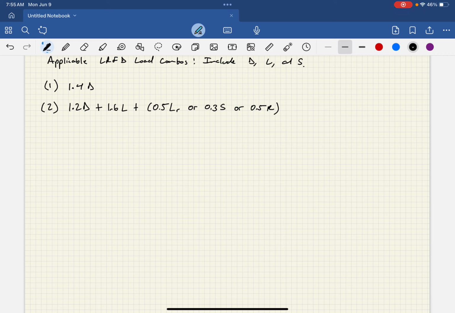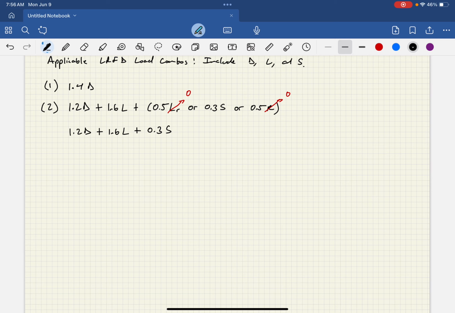A roof live load is considered different than a regular live load, okay? I don't have a roof live load in this problem, so that's not going to govern. And I don't have a rain load in this problem, capital R, so that's not going to govern. So this is going to quickly reduce down to 1.2 dead load plus 1.6 live load, and then plus 0.3 snow load for this problem, okay?